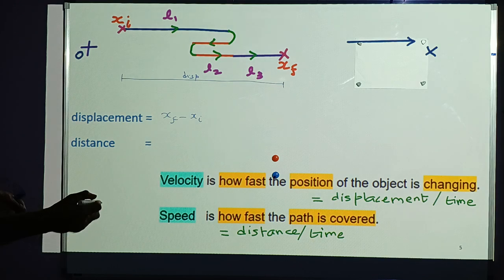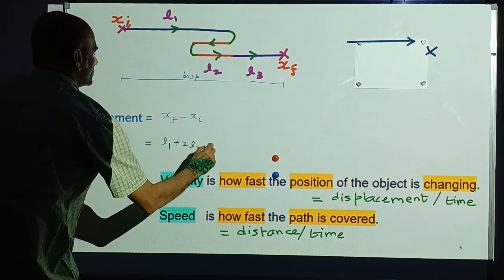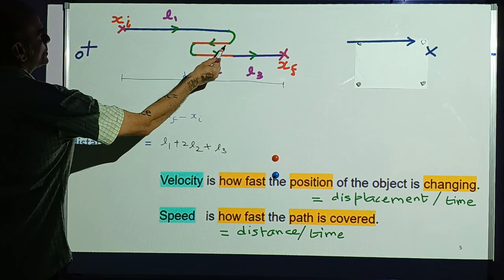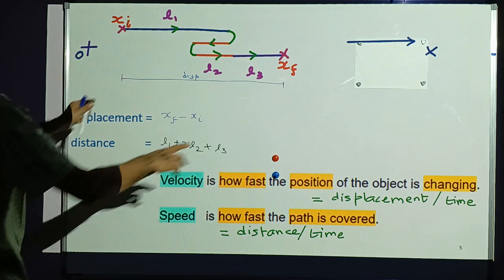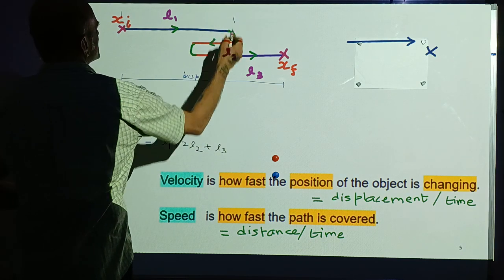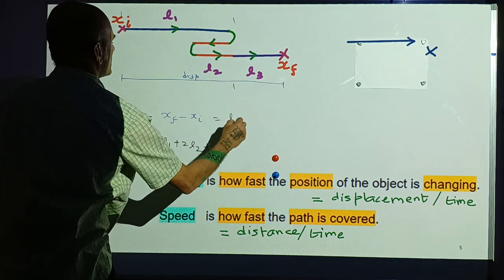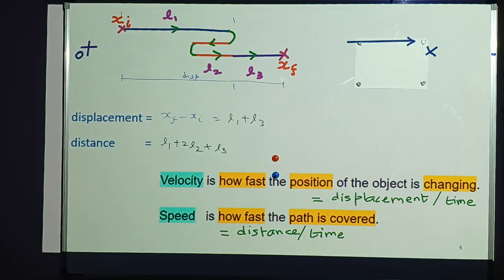So the path length covered is L1 plus 2L2 plus L3. L2 is covered twice. And the distance from here to here is L1, and the distance from here to here is L3. So this is L1 plus L3. So distance is greater than displacement.